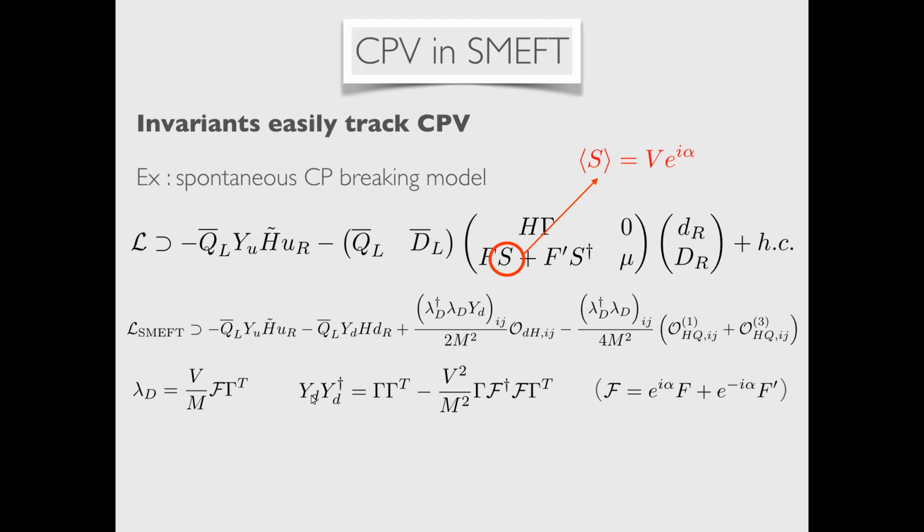This lambda coupling here has the following expression in terms of the UV couplings, where this curly F is defined as follows, where alpha is the phase in the scalar vev, and the Yukawas are what they are. This Y up is the same as in the UV, but this YD is generated by this mechanism and has the following expression.